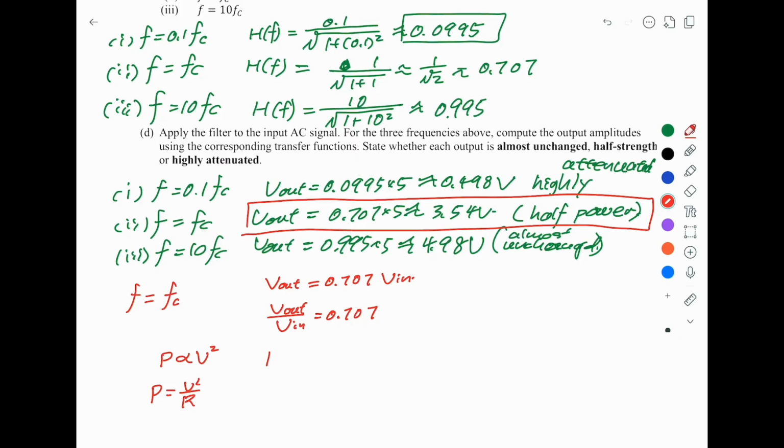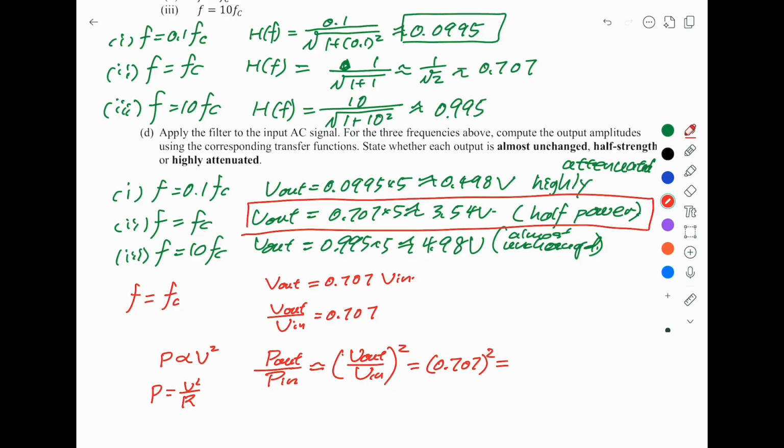So if we look at the ratio of the output power over the input power, this is the square of the output voltage over the input voltage. It means 0.707 to the power of 2.